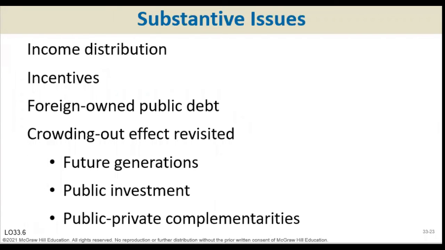Since the interest must be paid out of government revenue, a large public debt and higher interest can increase the tax burden and also may decrease the incentive to work, to save, and to invest for taxpayers.